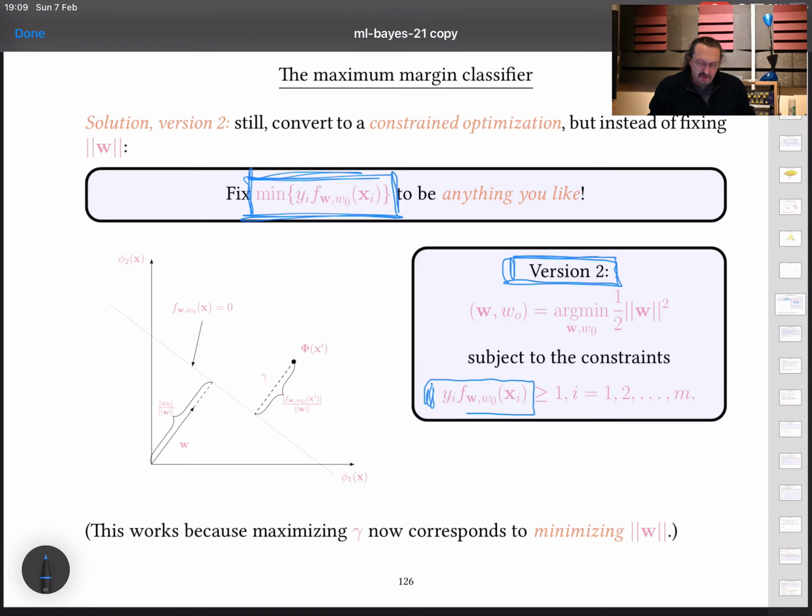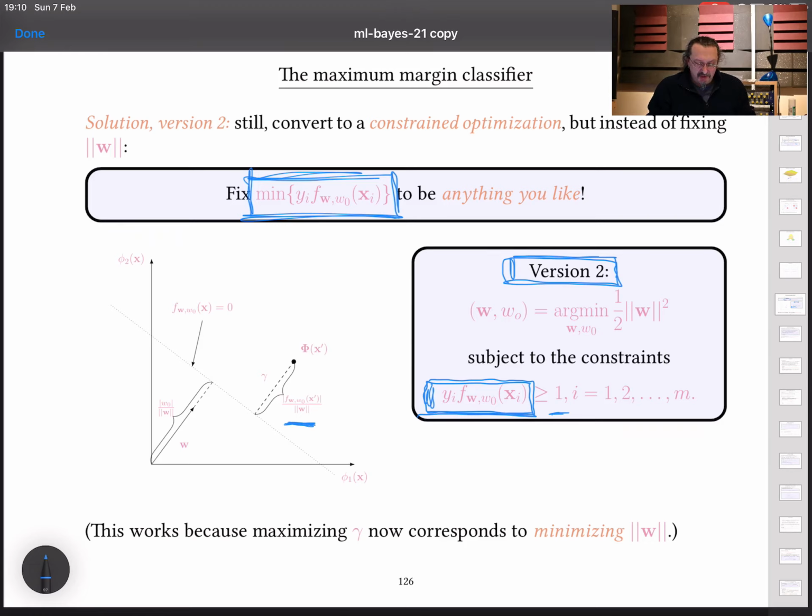this quantity will be positive whenever f puts the ith example on the correct side of the decision boundary. Depending on the modulus of W, there will be some actual distance there, but we've just decided that we're going to have a distance of 1 and adjust mod W to take account of that.